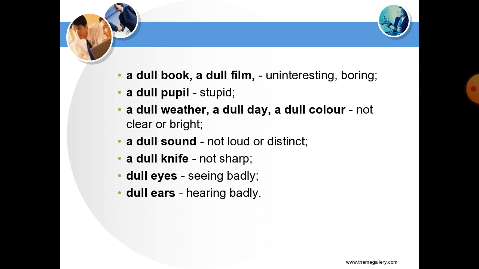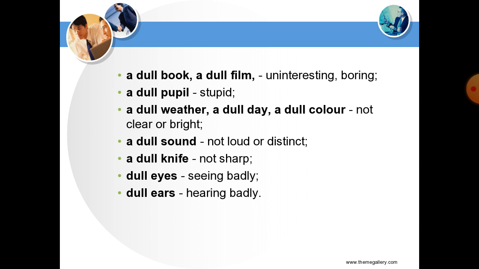The fourth, a dull sound, means not loud or distinct. And the fifth, a dull knife, means not sharp.